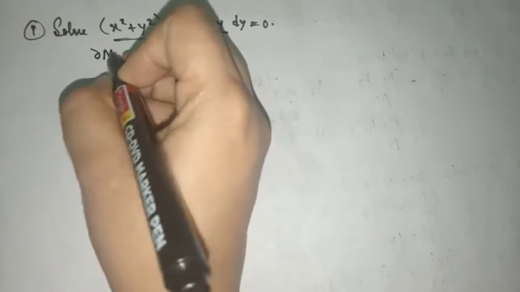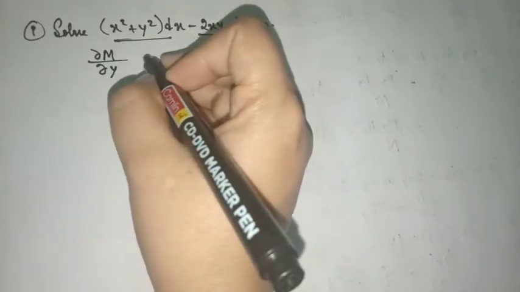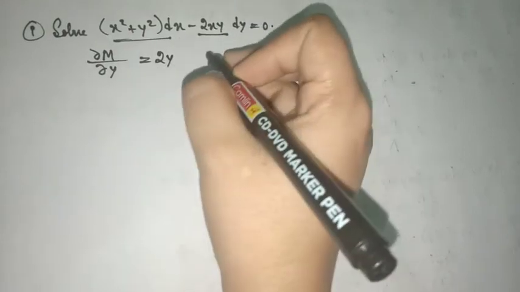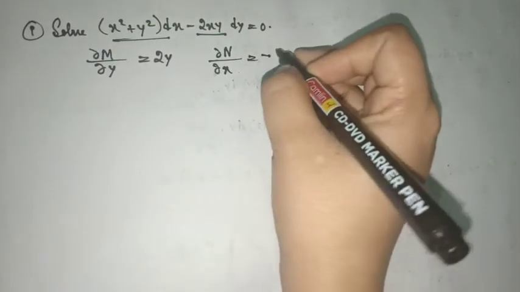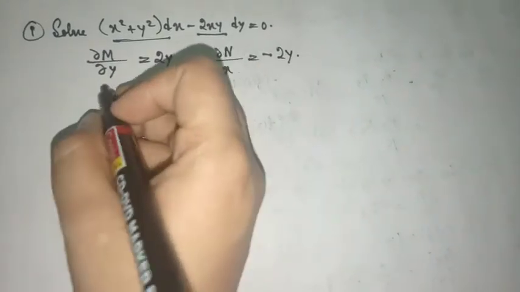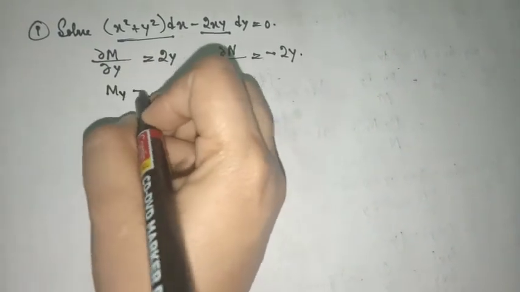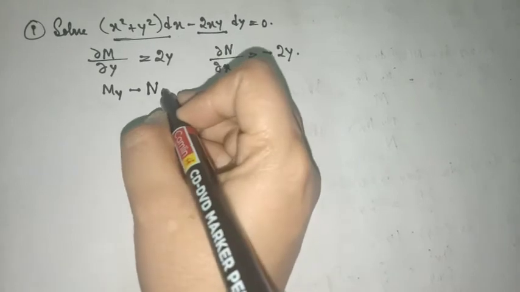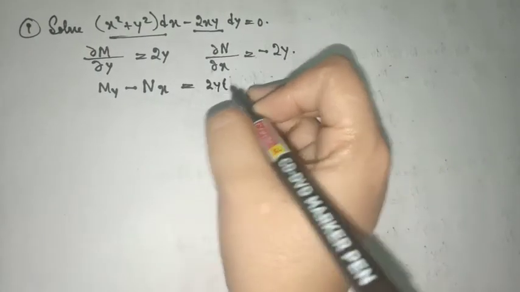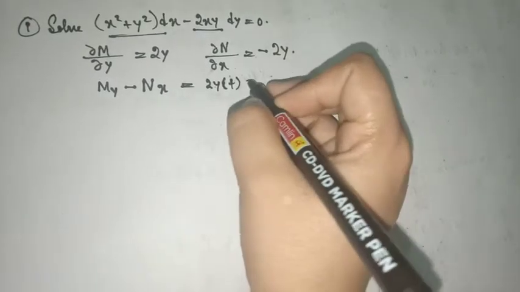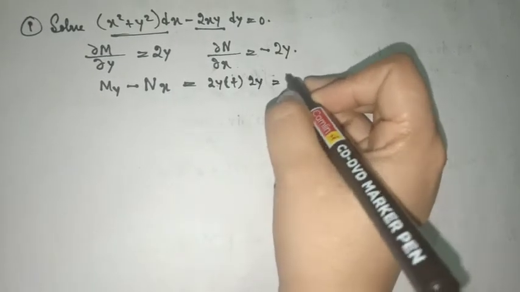So now here del M by del y is equal to 2y and del N by del x is equal to minus 2y. Now on subtracting we get my minus nx is equal to 2y minus minus, this is plus 2y, that is equal to 4y.